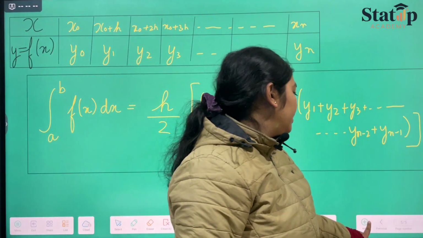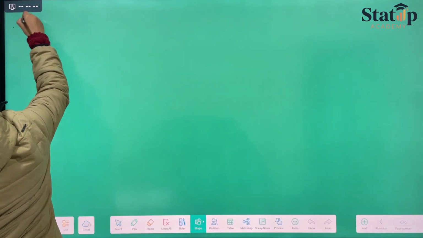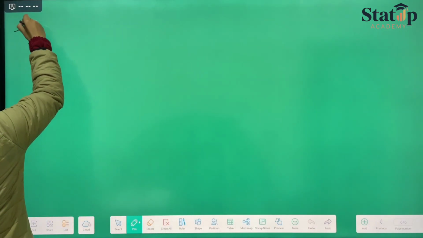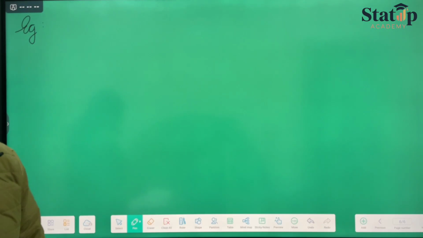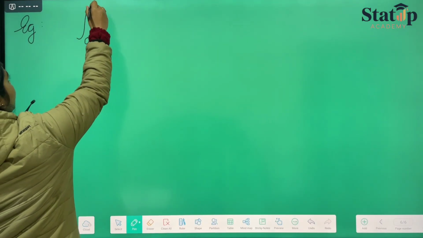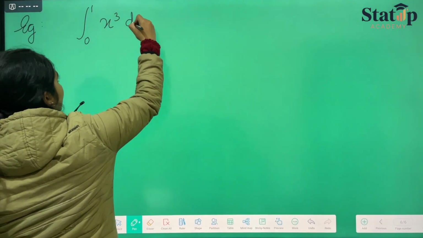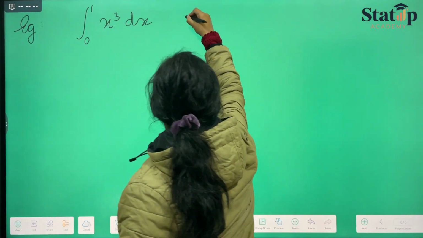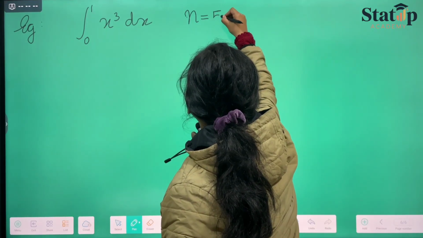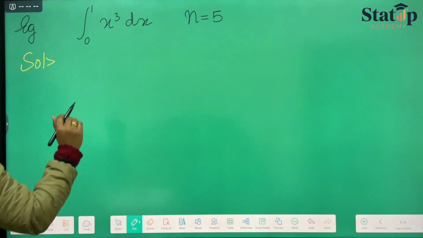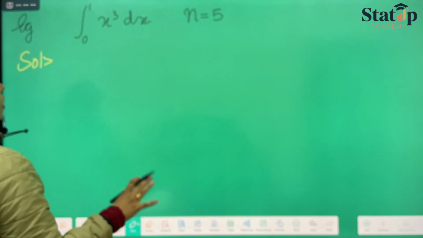So let us take an example first, then we'll solve PYQs. Suppose we have been given an example that we have to solve this integration from 0 to 1 of x cube dx, considering 5 subintervals. That means n is 5. We'll solve it slowly so that you understand the concept.